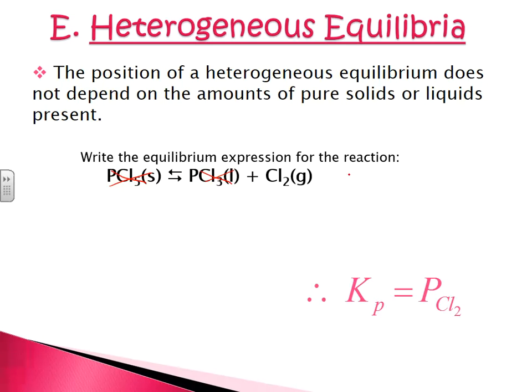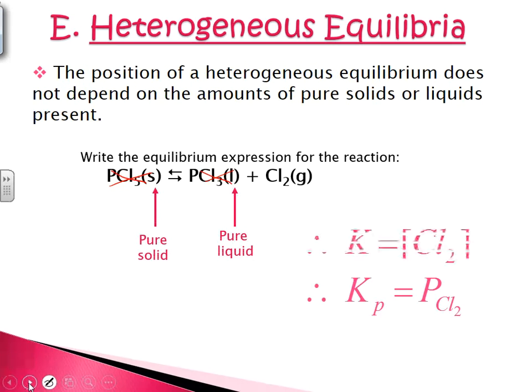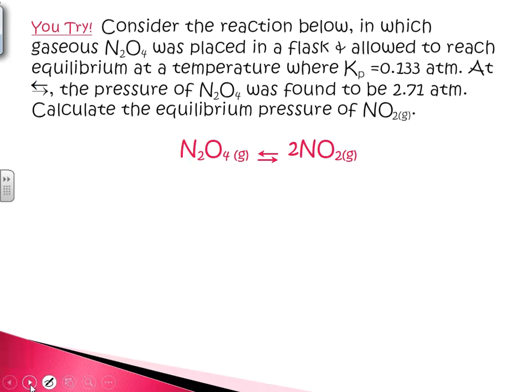So if you're going to write your equilibrium expression for that, you would write for Kc, concentration of Cl2 to the first power. If you were going to write it in terms of pressure, you would say Kp equals partial pressure of Cl2 to the first power. You would not include pure solids or liquids if you have heterogeneous equilibria.